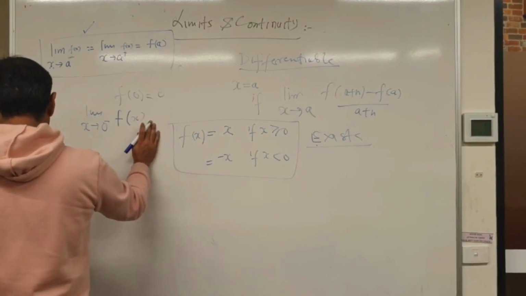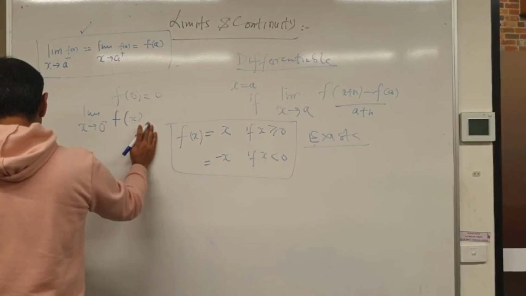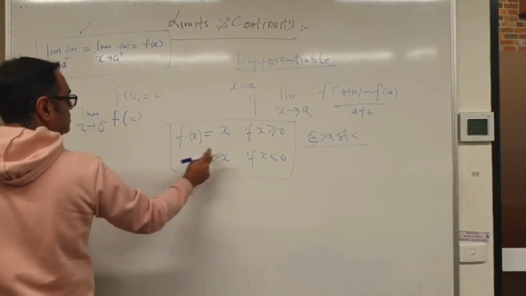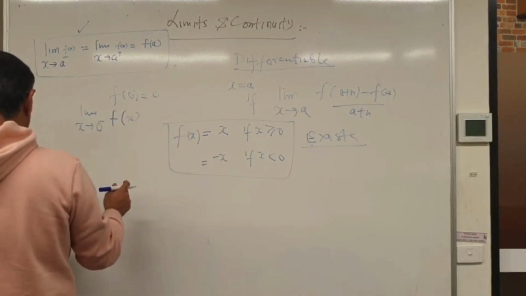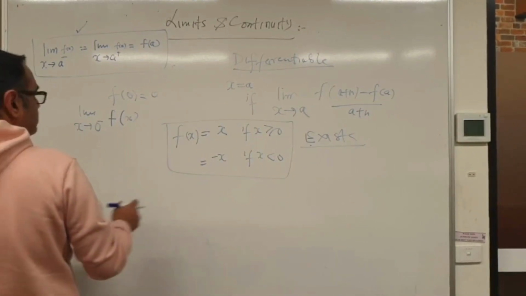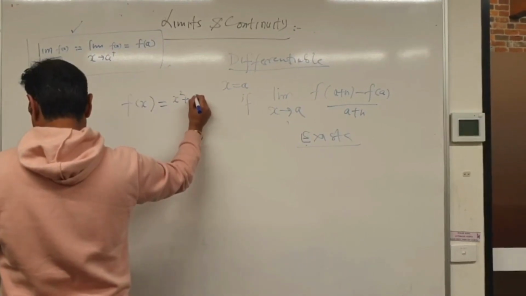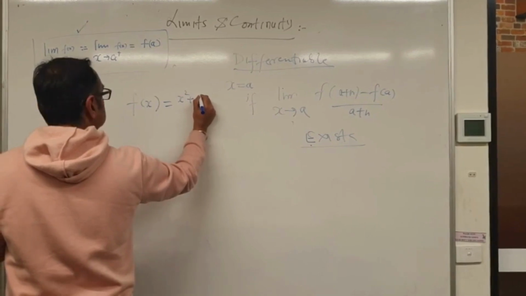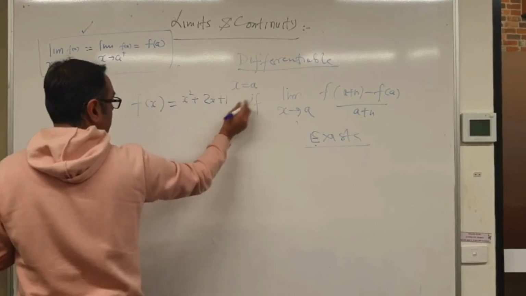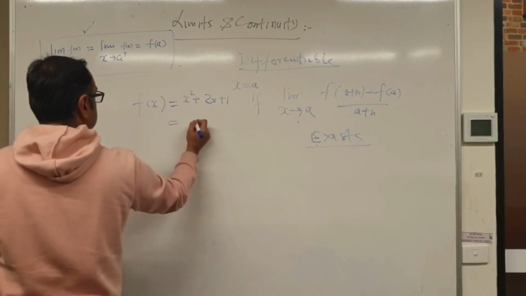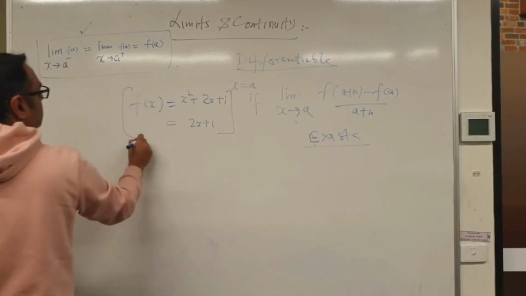Oh, I think I messed up. Let's take it as x squared plus 2x, and I'll come back to what I just left. And this is 2x plus 1. You've got this function.